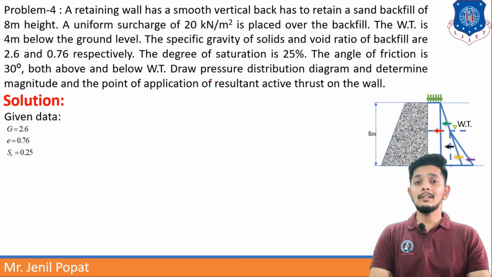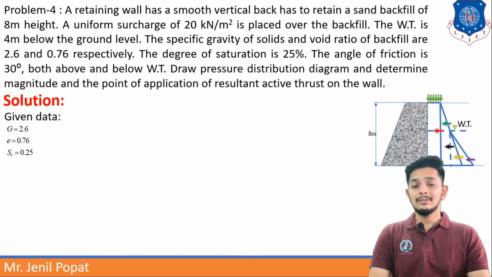Let us understand this problem through the figure. Here an 8-meter retaining wall is given, surcharge is there, as well as the water table halfway up the retaining wall. So in the upper half there will be no moisture, and in the lower half there will be submerged soil. So we have to calculate like this.